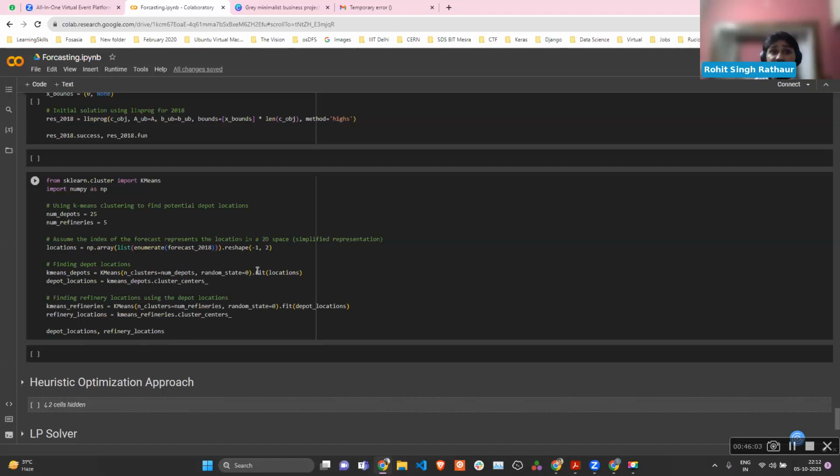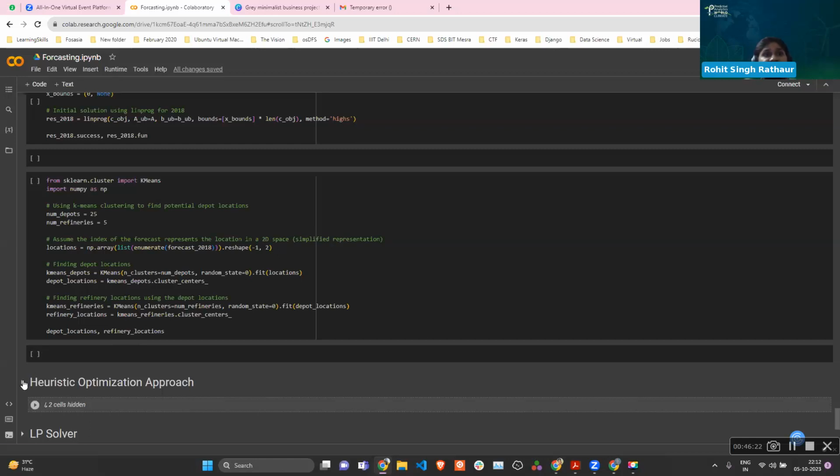For the first approach, I think that before moving to an advanced solution, we should always use some kind of brute force or heuristic optimization approach.